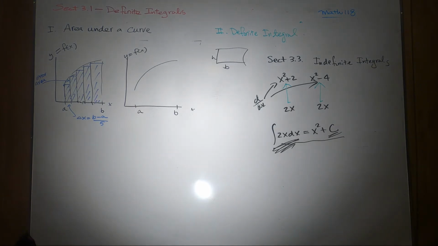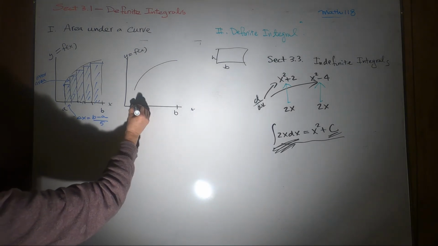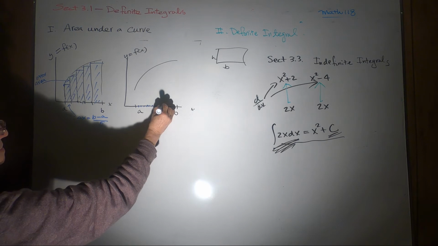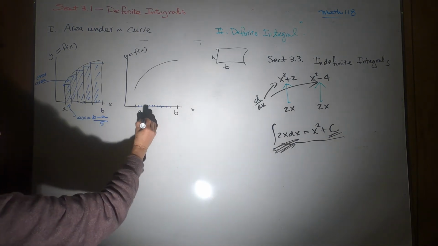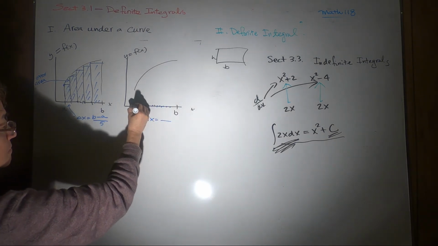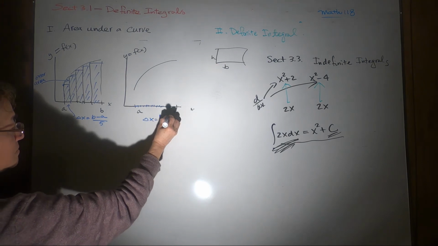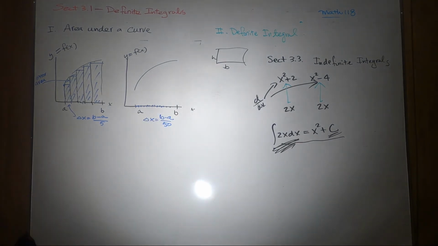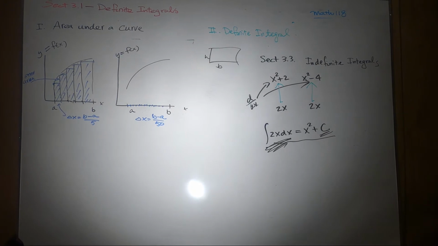Or if I want to get closer, what can I do? I can split it into 50 parts. Okay, so each part will be what? b minus a divided by 50. Is that right?